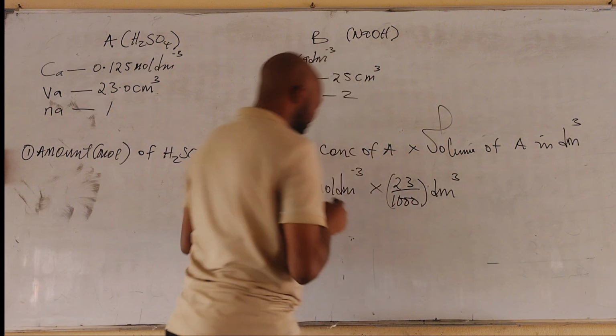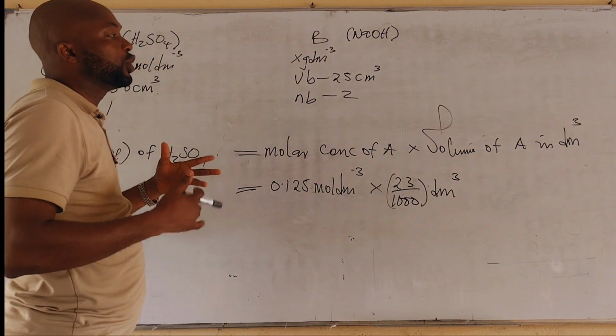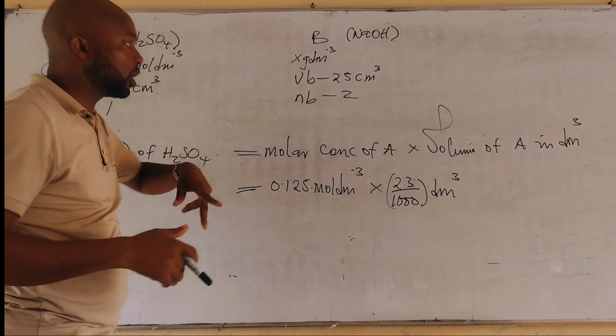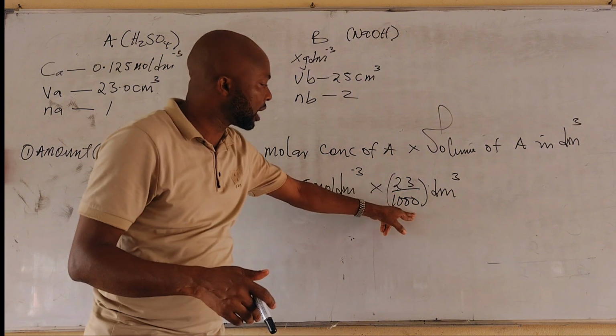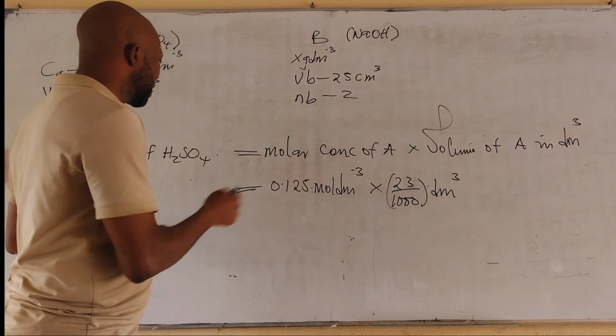I'm going to explain this. Now the volume given here is 23, but since the unit here is in cm cube, we want to convert the cm cube to dm cube, which means you divide it by 1000. So that is how we get 23 over 1000. So let's proceed.